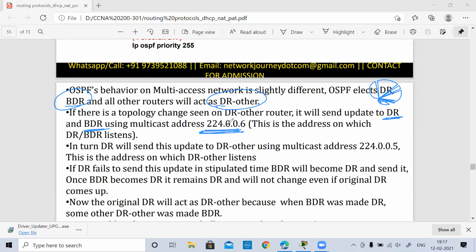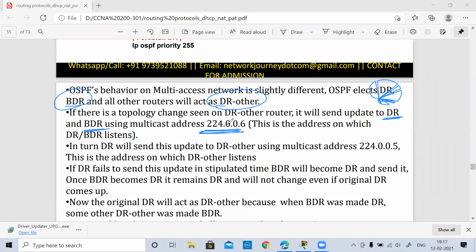Okay, very important guys. As I mentioned, everyone is not going to give their update or database to each other. They are just going to give it to somebody whom they have elected as the king of their kingdom. So they are going to update that particular king, and then the king will decide and give the updates to the other routers.